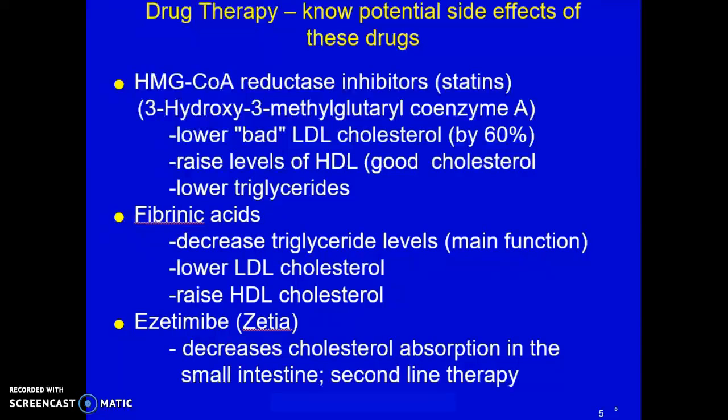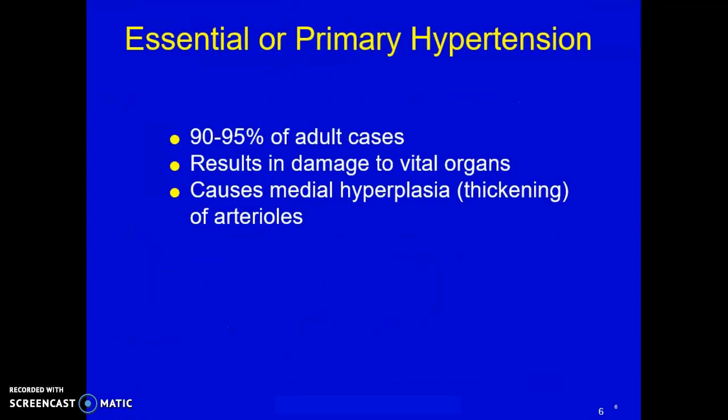So just make sure that you know the potential side effects of some of these drugs. Atorvastatin is one of the statins that you're going to see quite a few patients on, and it's somewhat common for patients to present with complications from that drug, probably more than the others. So make sure that you look that one up and be aware of that.